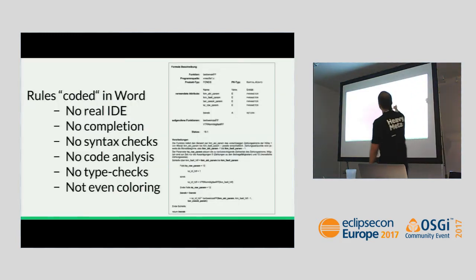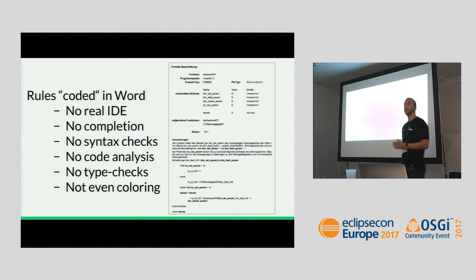This is a German insurance company. What they were doing before was creating a Word document very similar to this one, in Microsoft Word. There was nothing fancy like the IDE features that we all know. They were creating this Word document and sending it to India.